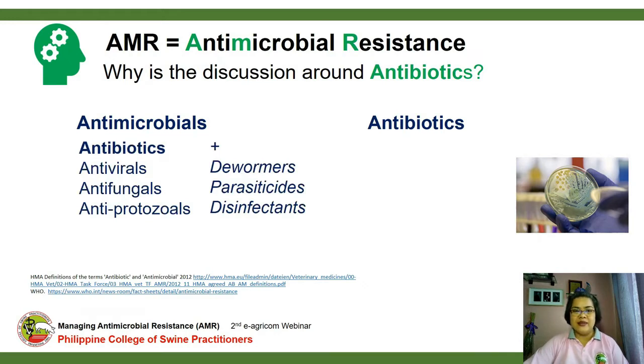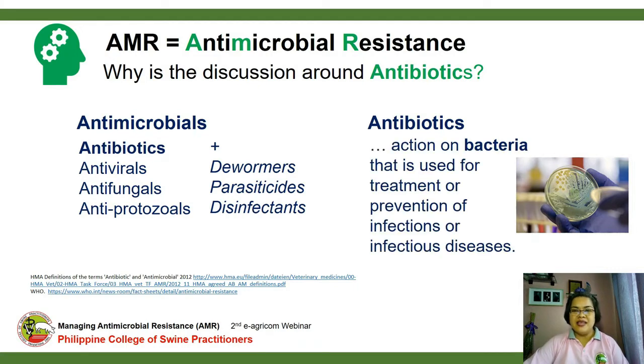In essence, antimicrobials are any of the substances which have a direct action on microorganisms, whether they are bacteria, viruses, fungi, protozoa, or parasites, and they are used to treat and prevent infections or infectious diseases in humans, animals, or plants. While antibiotics specifically are substances with direct action on bacteria, used to treat or prevent infections caused by them.